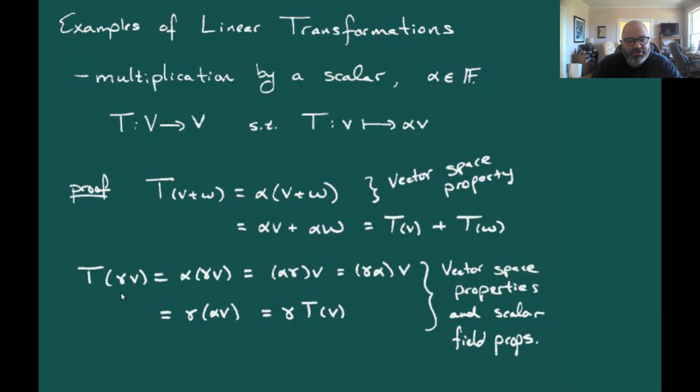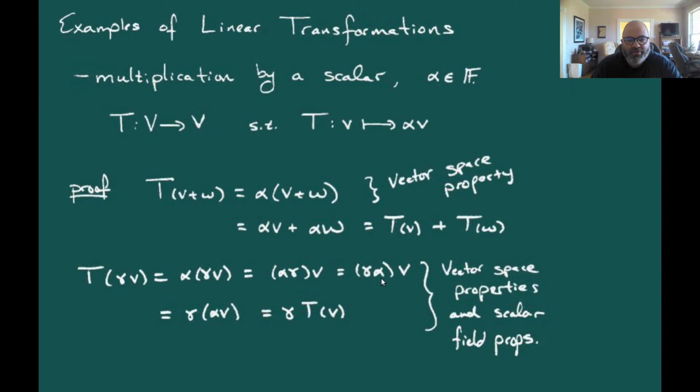To see that it respects scalar multiplication, if we do T of gamma times v, then that's just alpha times gamma times v. Again, using our vector space properties, we can regroup those. It's like we're multiplying by our scalars. But in our scalar field, since it is a field, we've got the commutative property, so that we can just do gamma times alpha.